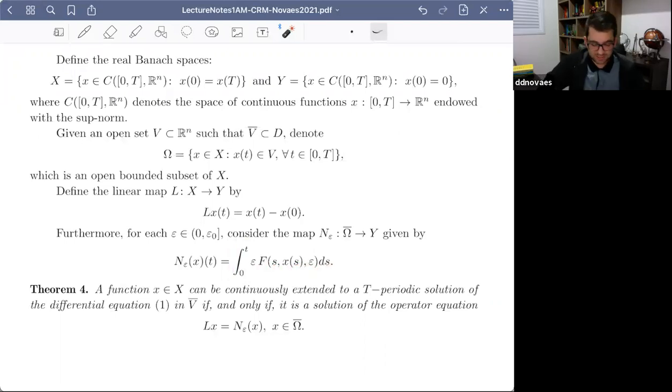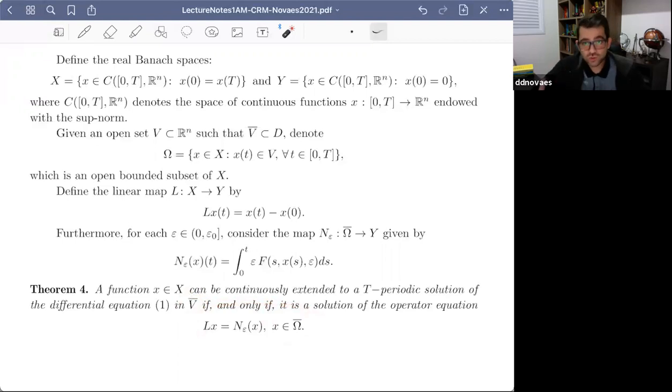It's just the integral. And Theorem 4, which characterizes this approach, says that a function x in the space capital X can be continuously extended to a T-periodic solution of the differential equation 1 inside the closure of V if and only if it's a solution of the operator equation.